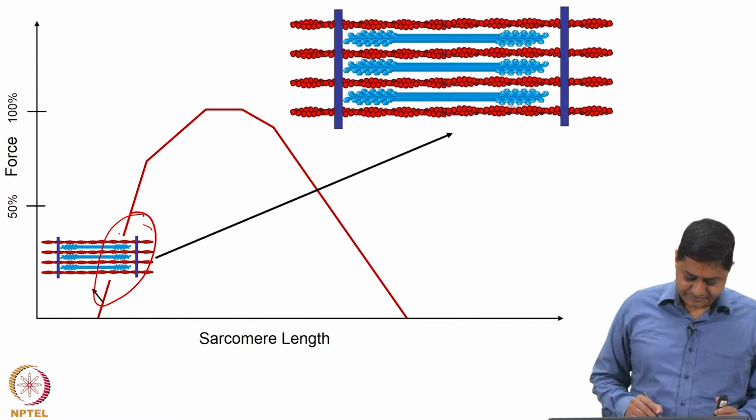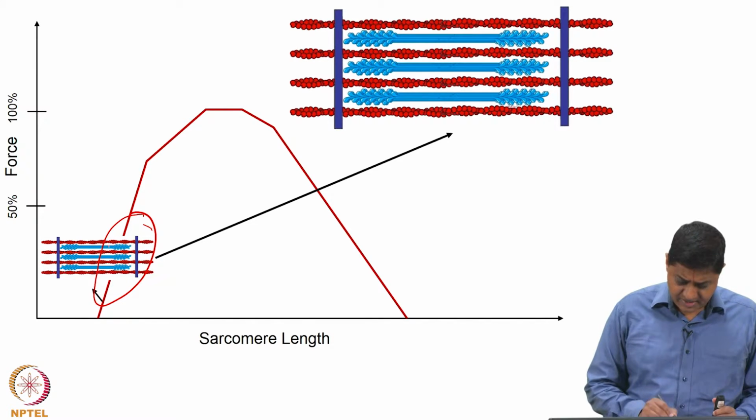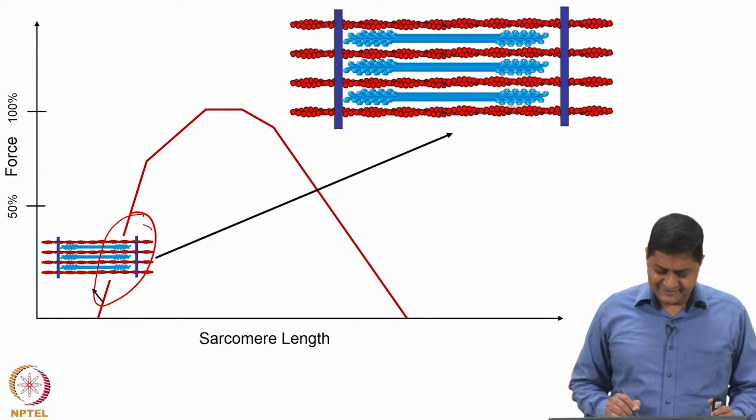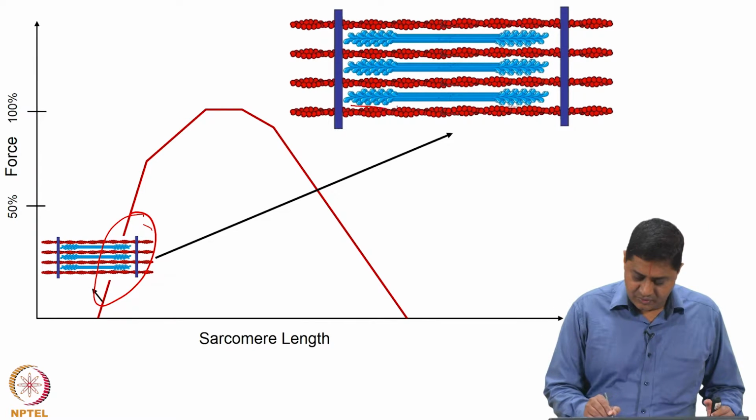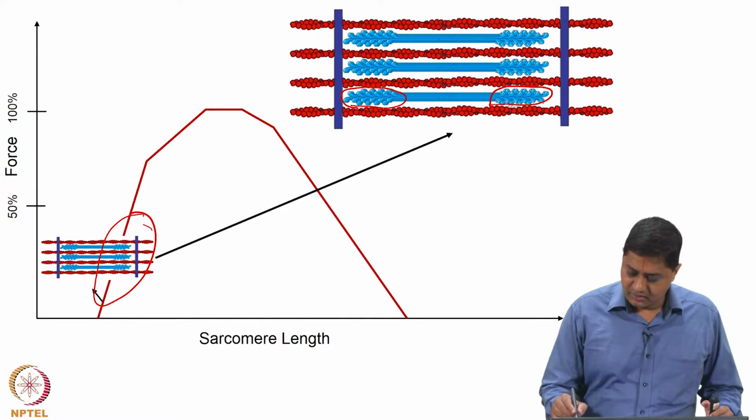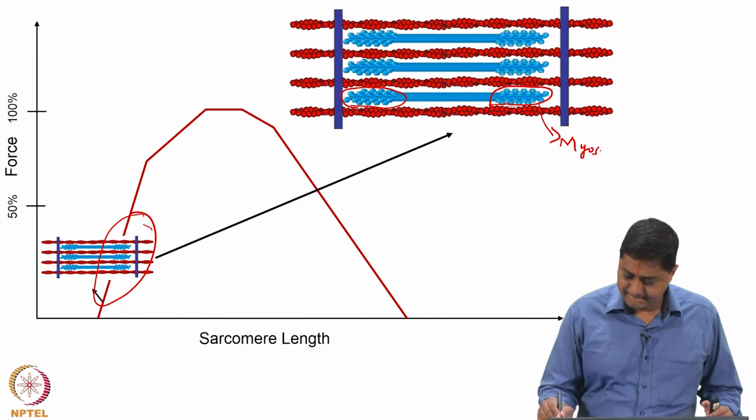To zoom in, what you see is that the blue colored filaments here are of course myosin, and the red colored ones are actin.